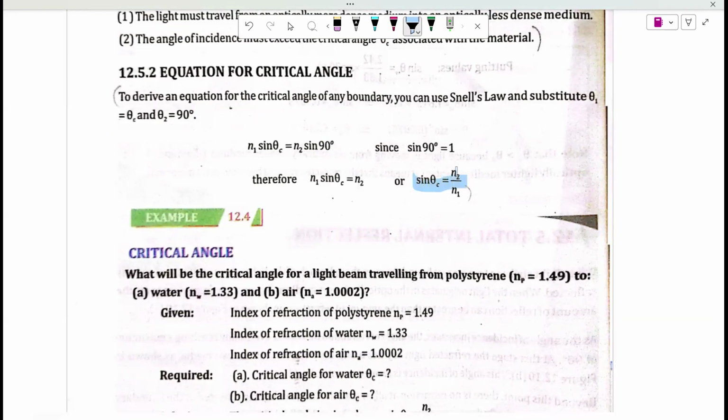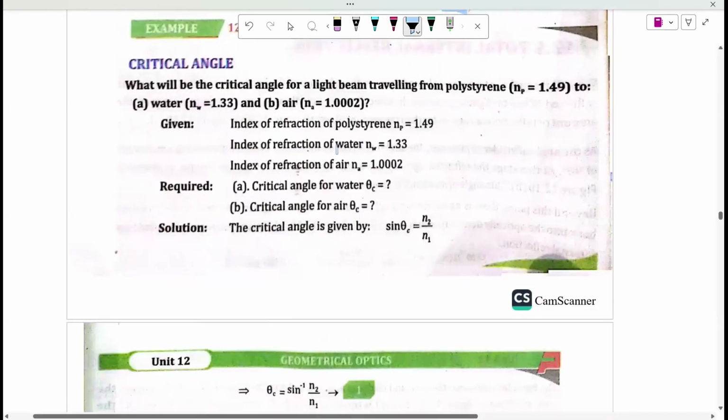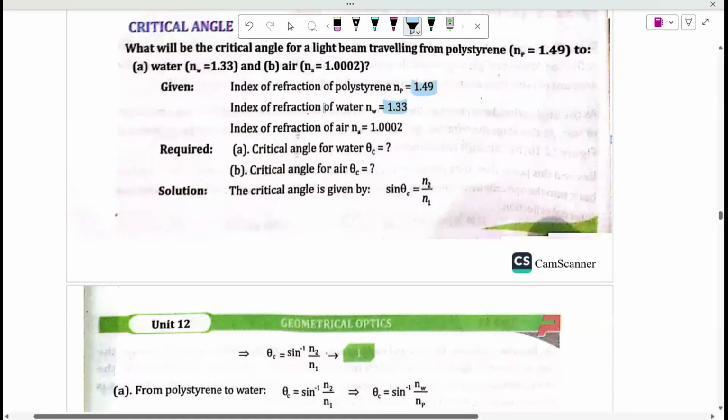ठीक है, N2 over N1, and they have मतलब discussed this example as well, that refractive index of polystyrene is 1.41, refractive index of water is 1.39. So which one is more dense medium, polystyrene or water? And उसने air के साथ भी दिया हुआ.